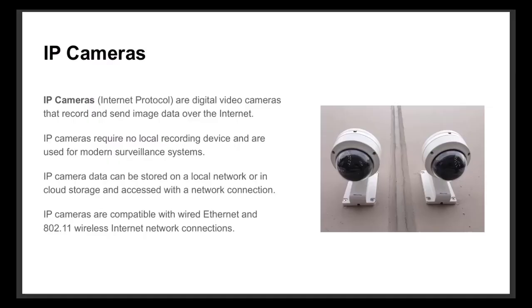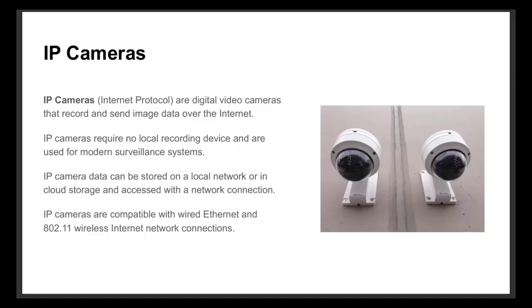Next, we're going to discuss IP cameras. The IP stands for Internet Protocol. IP cameras are digital video cameras that can record and send image data over an internet connection. Your IP cameras are typically going to be compatible with both wired Ethernet and 802.11 wireless network connections.